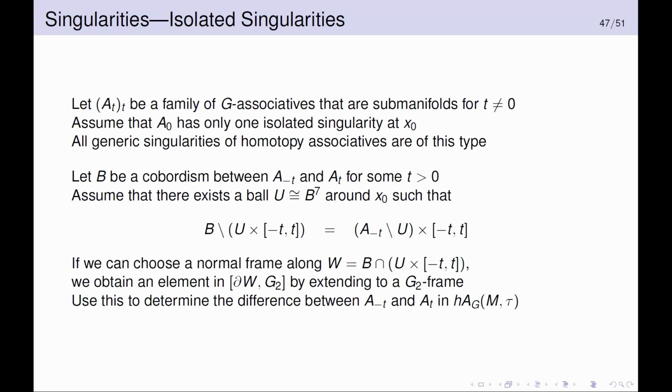And there, it would define for us, first of all, a coassociative frame on this four-dimensional bundle that we get from the interior, and then we could upgrade that to a G2 frame. So in the end, we would get a map from the boundary of W to G2. And we could use this map to determine the difference between the two homotopy associatives A_minus and A_t.